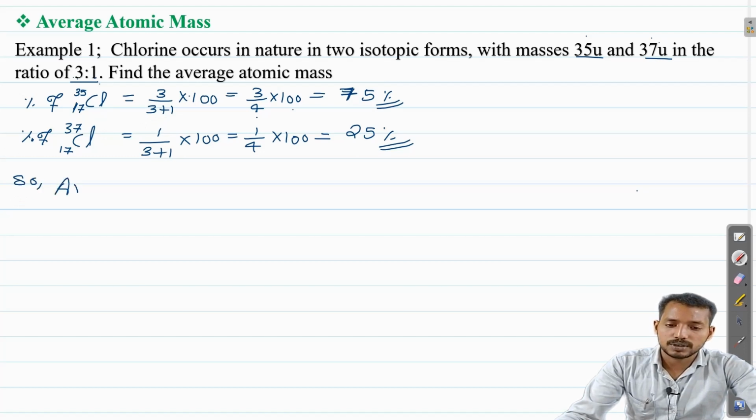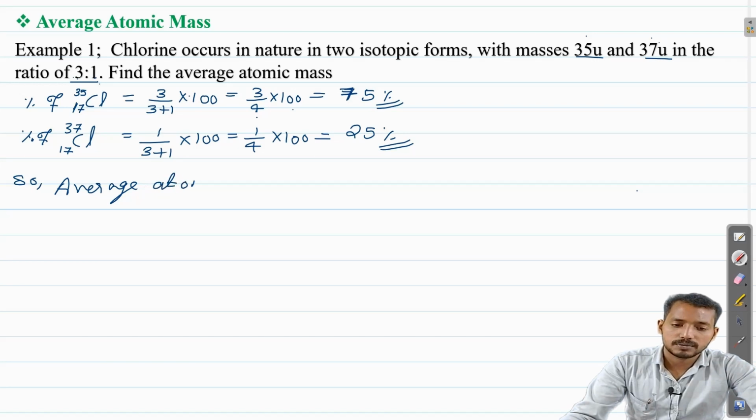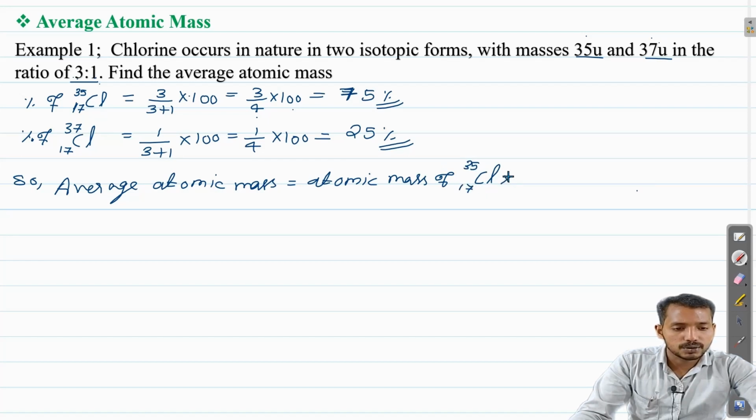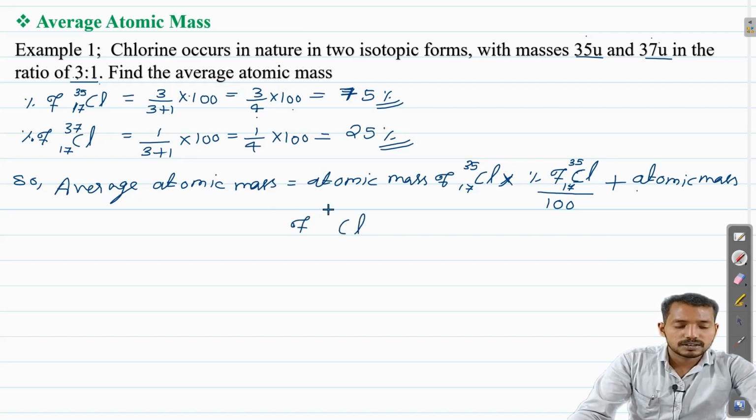So the average atomic mass is equal to the atomic mass of chlorine-35 into the percentage of Cl-35 divided by 100, plus the atomic mass of Cl-37 into the percentage of Cl-37 divided by 100.